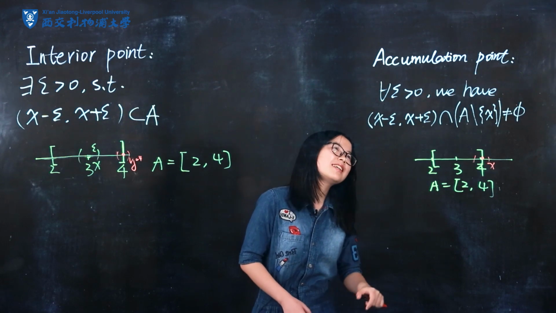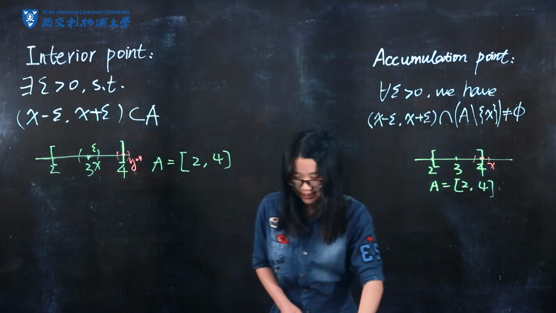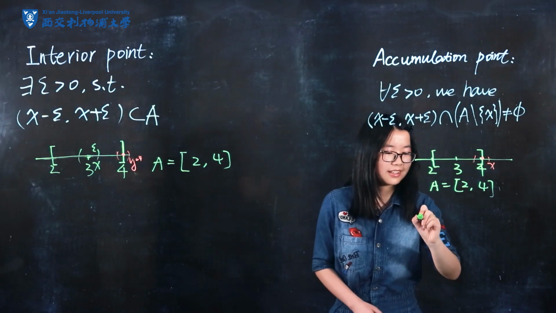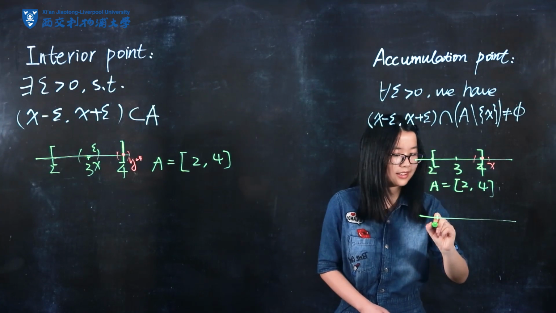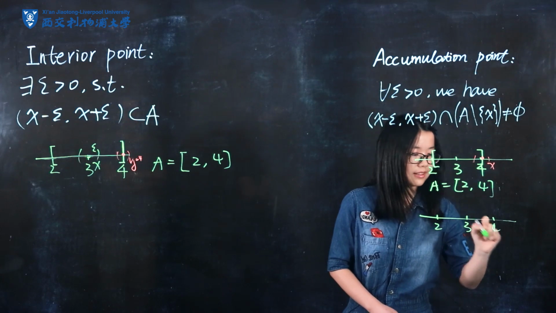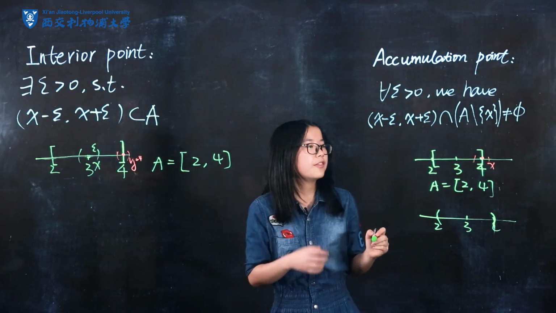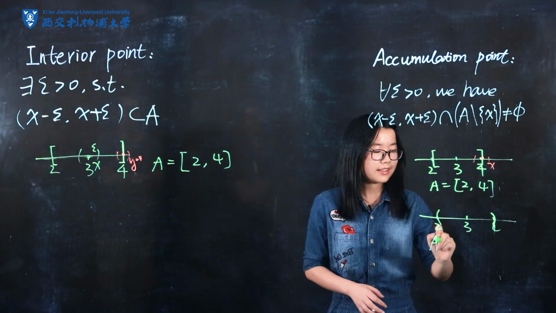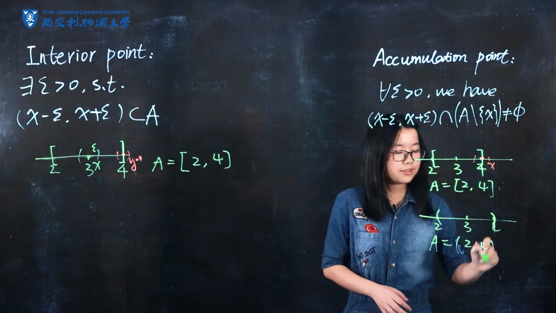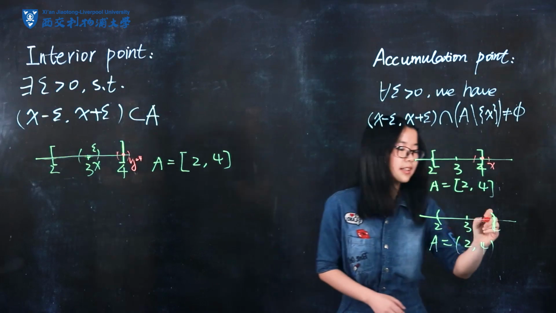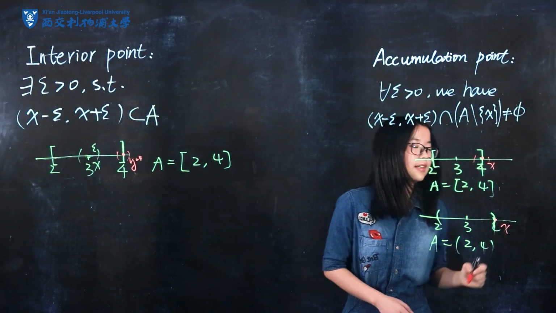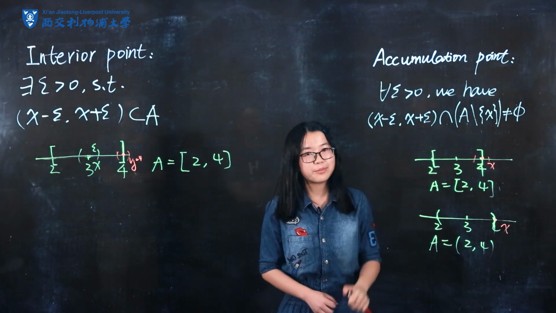Let's say another example, if I take A like this. Now 2 and 4 are not contained in set A, and still we take x here. Is x an accumulation point?